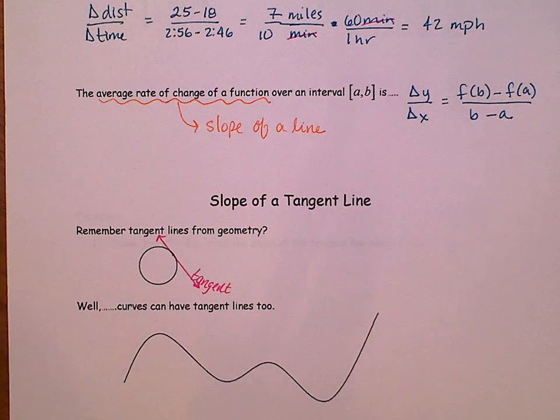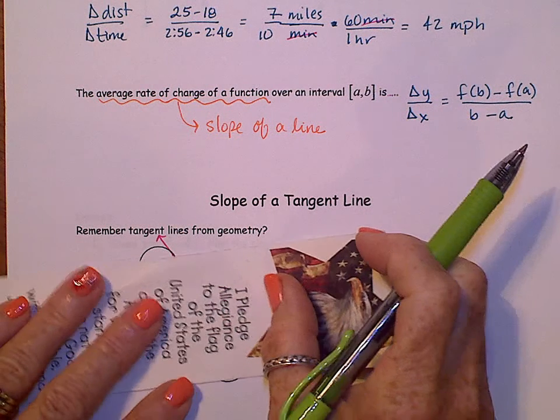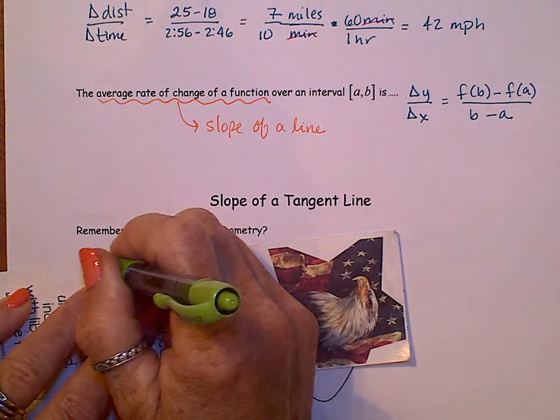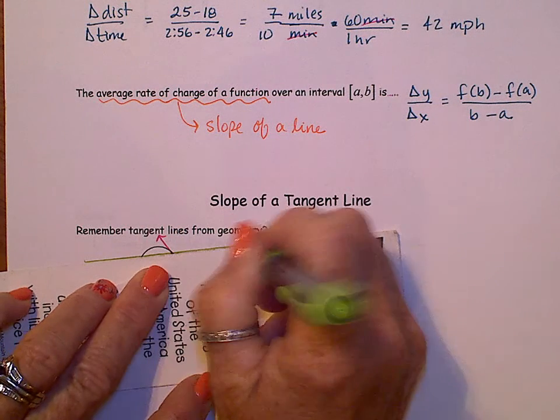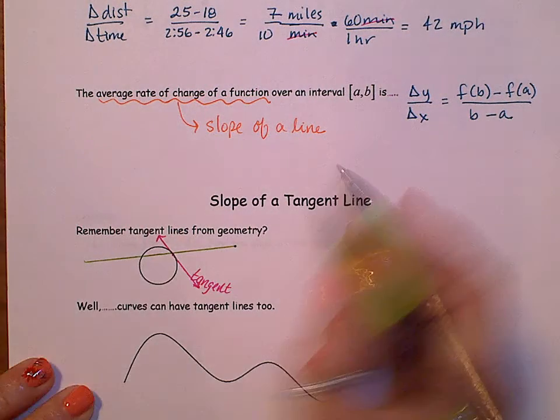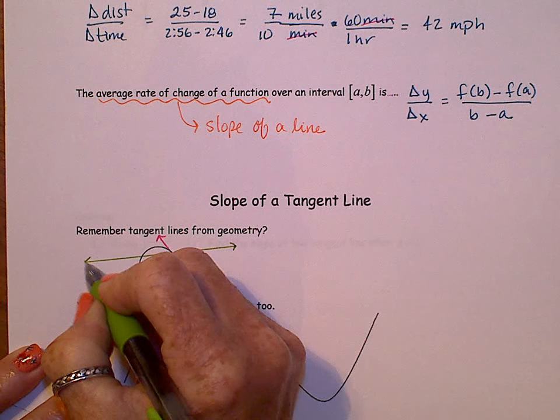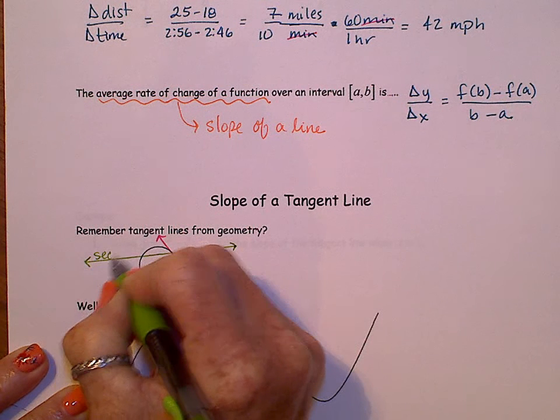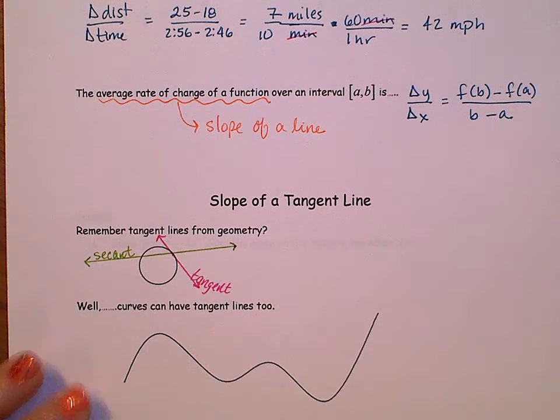Do you recall the name of this line that went through the circle and intersected that circle at 2 points? That was a secant. And you talked about tangent lines just as related to circles. Curves can have tangent lines as well.